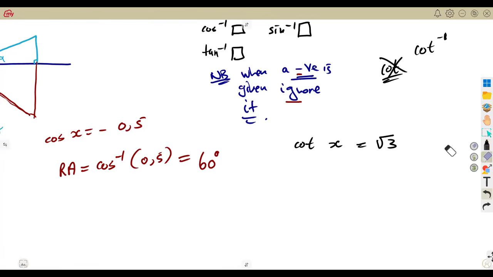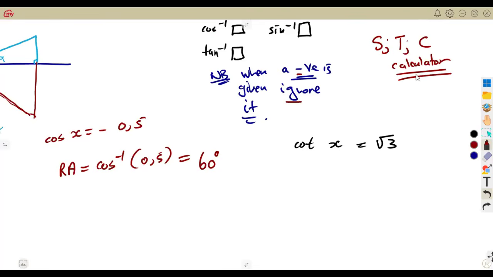So we need now to rewrite this in a format that is accessible on our calculator. Our calculator knows sine, tan, and cos. So how can we write this in any of these three? Remember cot is the reciprocal of what? Of tan. This was taken from 1 over tan.